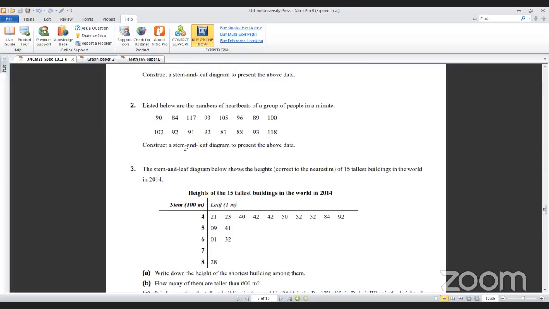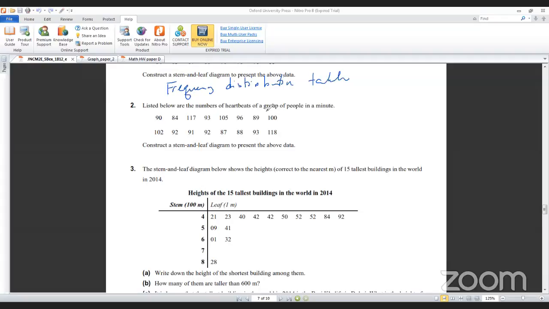You are asked to draw a stem and leaf diagram. And then don't mix it up with something called a frequency distribution table. For a frequency distribution table, that's the case where you have a lot of data, and then it is difficult to count the data.